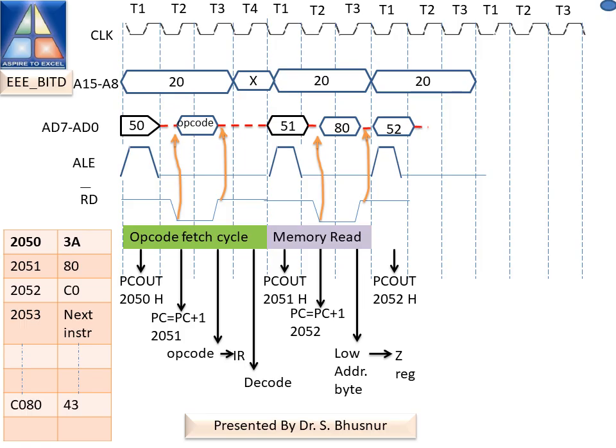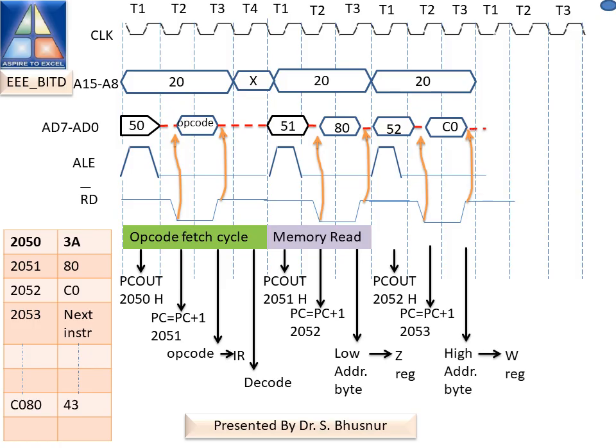Then the read signal comes out during the T2 state, and the PC is incremented internally by 1, and now it is pointing to the opcode of the next instruction, because the LDA instruction requires only 3 bytes. The C0 released on the AD bus is taken into another temporary register, the W register. So the high address byte is taken in the W register, and the low order address byte is taken in the Z register.